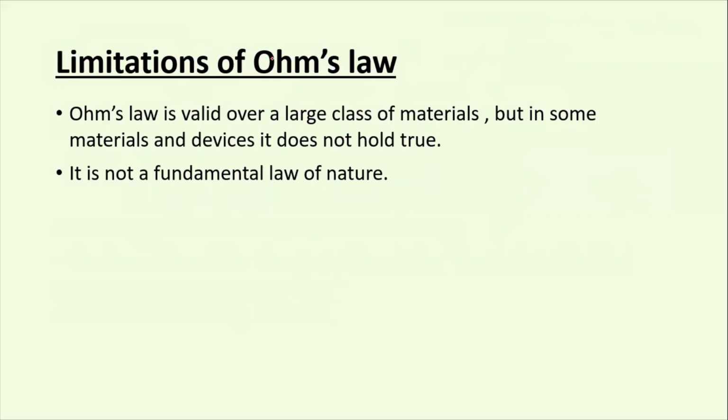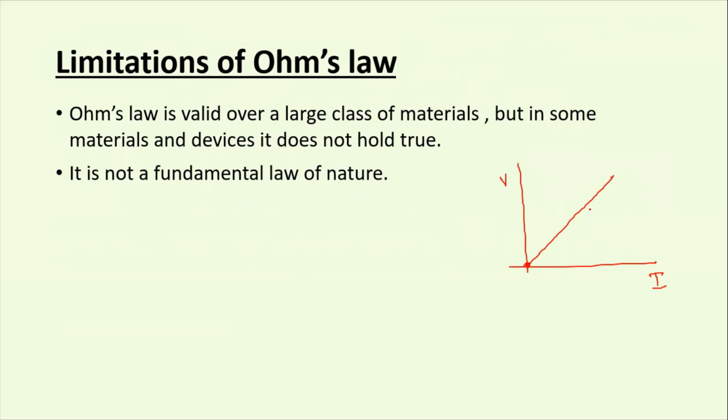We also drew a graph for that. What comes? When you take current and voltage, you get a straight line like this. And the straight line will start from the origin. This is the graphical representation of Ohm's law.